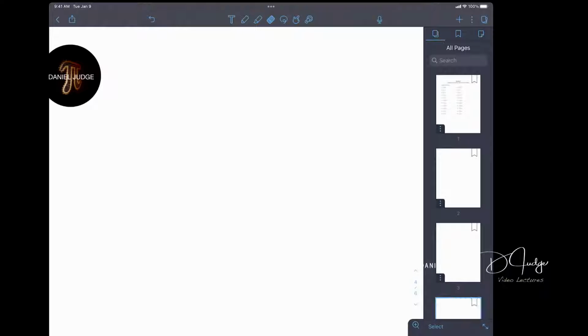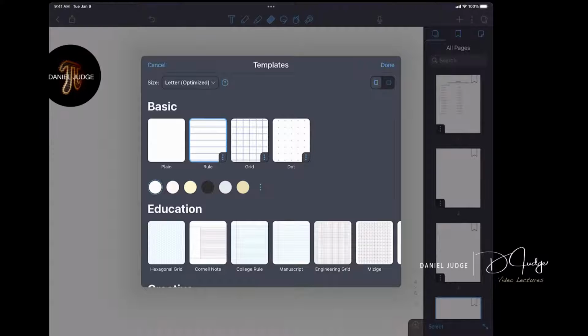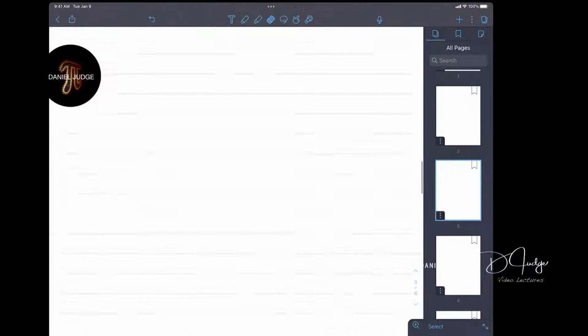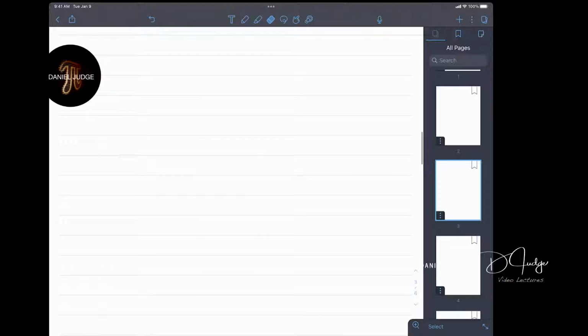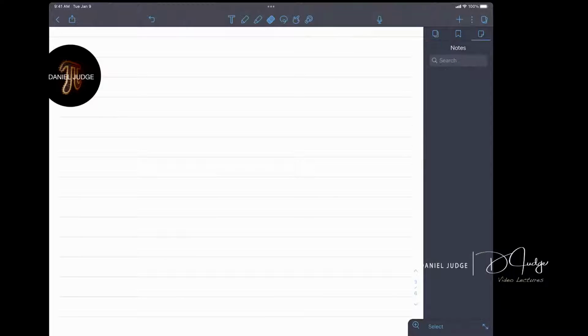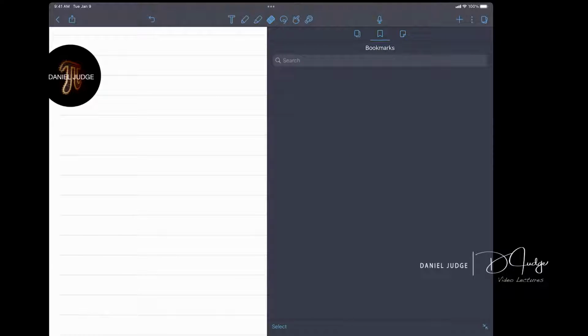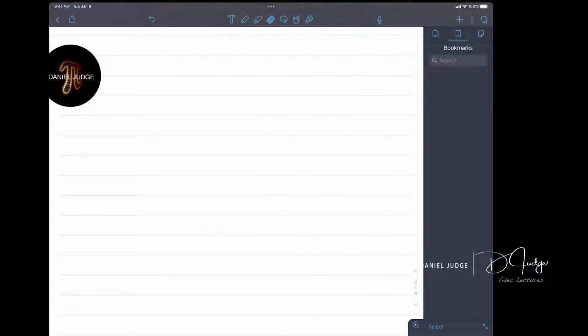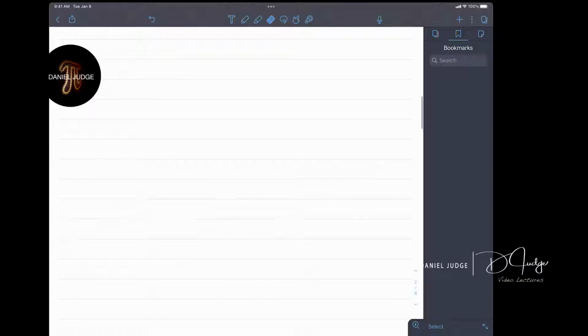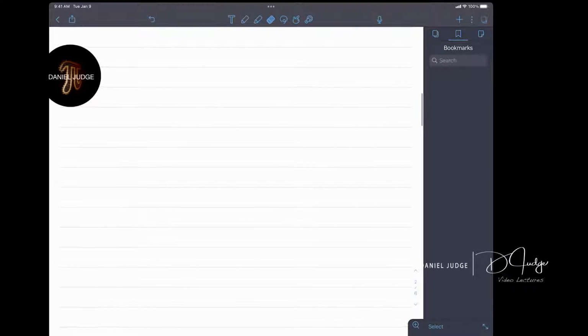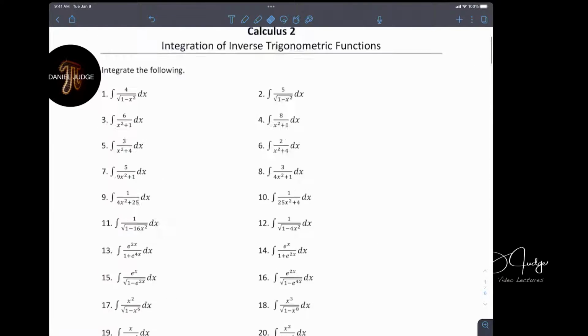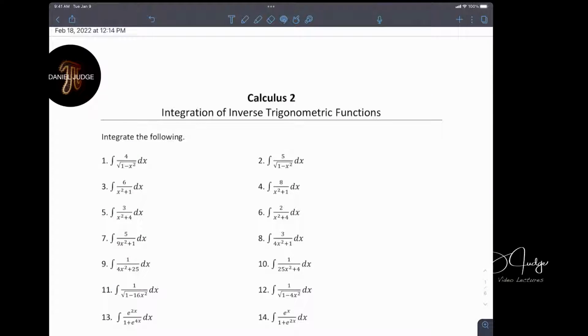We want to add some pages here. Okay, so let's try the first one here.